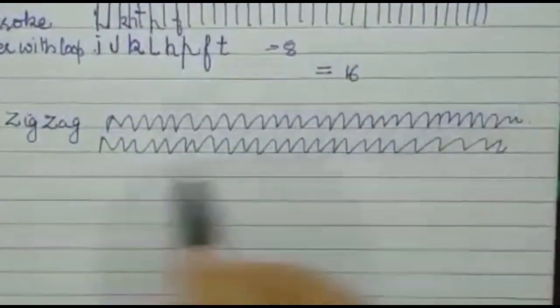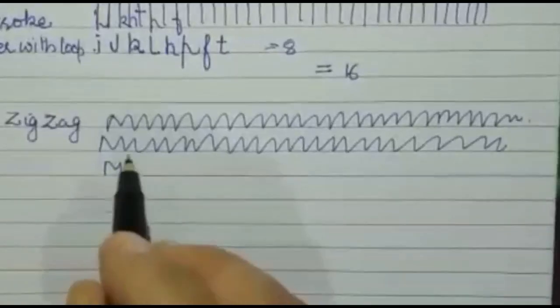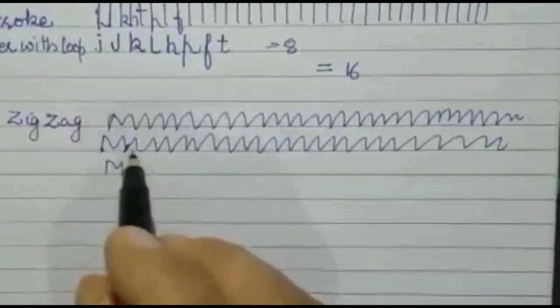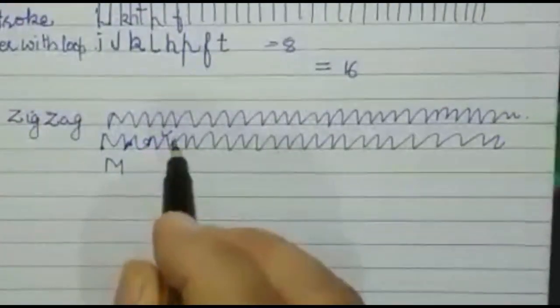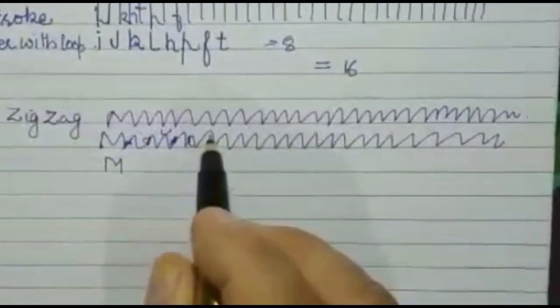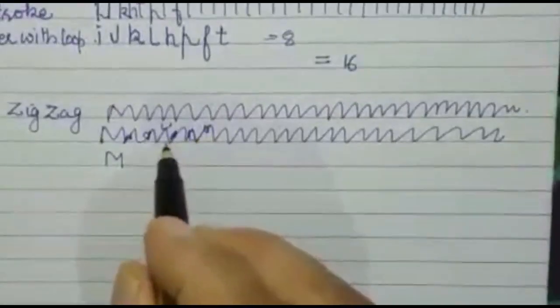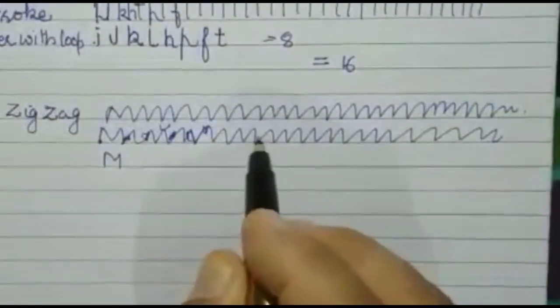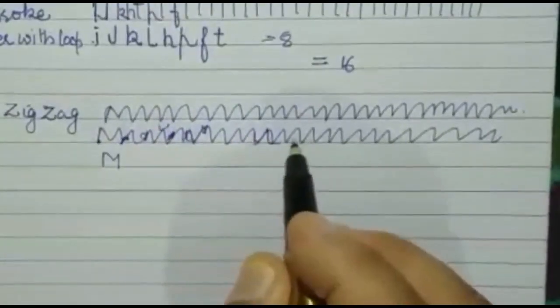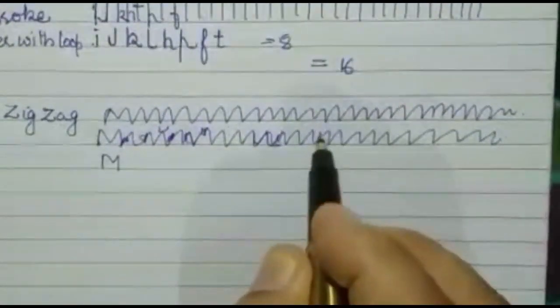If you go like this, you will form M. See here, this is M. This is N. You go, this is V. See here, V. And similarly you will find here U also. This is W also.